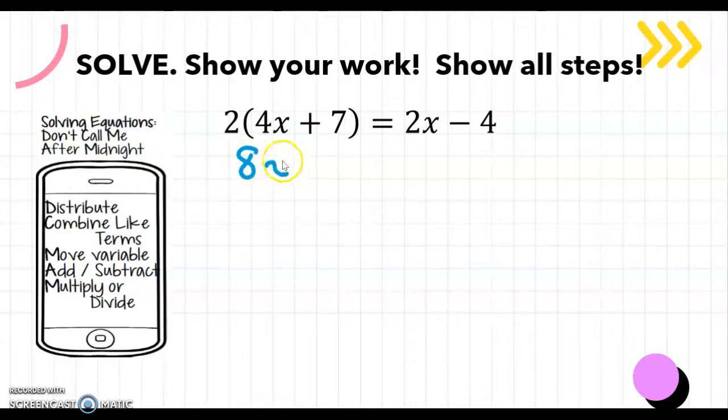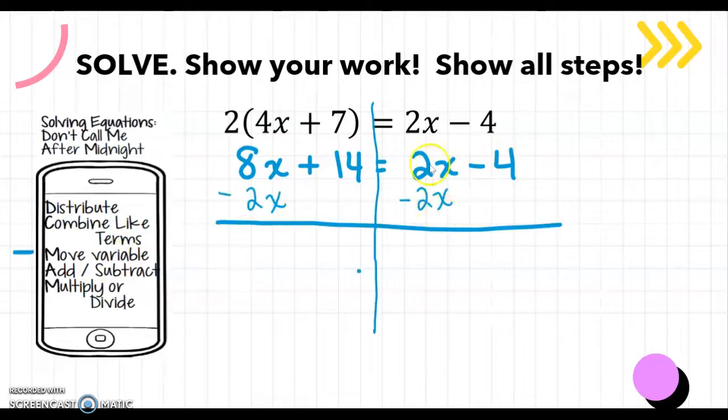Here we have 8x plus 14 equals 2x minus 4. So first I distributed. Now combine like terms. I don't see anything on this side or this side to combine. I want to move this variable to the other side, so I subtract 2x on each side. I end up with 6x plus 14 equals a negative 4. And now I need to move this constant over to the other side.